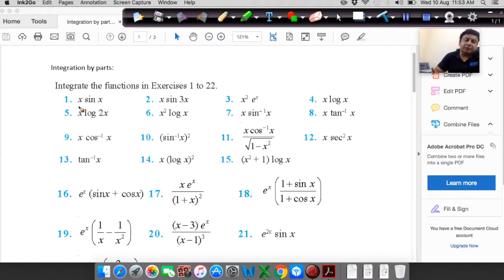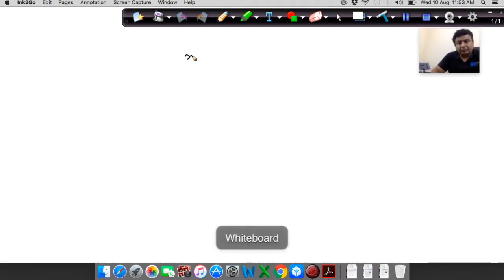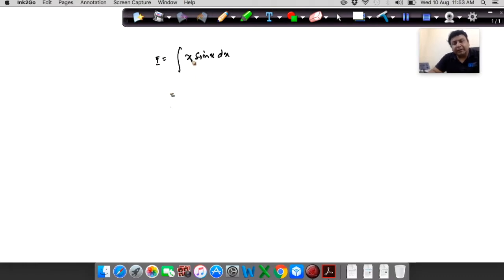So see, the first question is x sin x. How do we do it? x is algebraic, sin x is trigonometric, and in ILATE you see A comes before T, so algebraic is your first function and trigonometric is your second function.